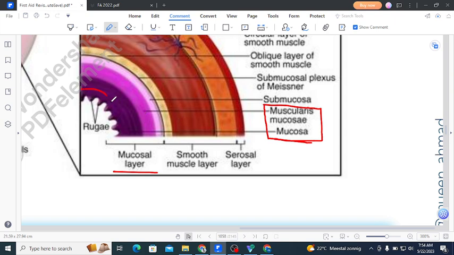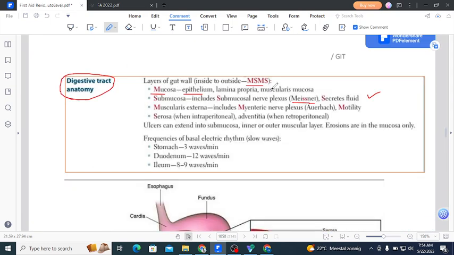Suppose this is the epithelial layer, then we have the lamina propria, and then the muscularis. All these three layers combined are called the mucosal layer. Then we have the submucosa, this pale area. Between the mucosa and submucosa we have a nerve plexus, called the Meissner nerve plexus, since it is present just below the mucosa.